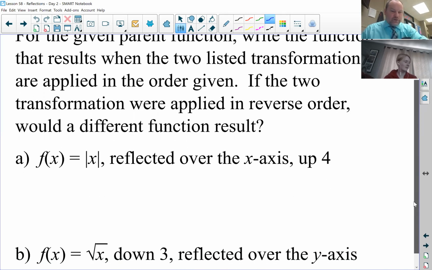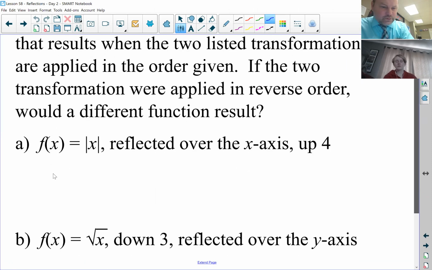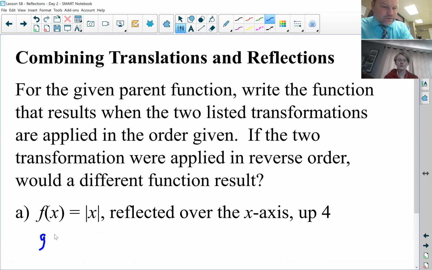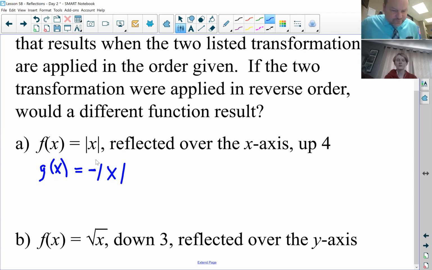All right, so our new function, I'm just going to use g of x as our new function. So g of x starts as the absolute value of x, but then we reflect it over the x-axis, which means we're going to take the opposite of the y value, so the opposite of the absolute value of x.